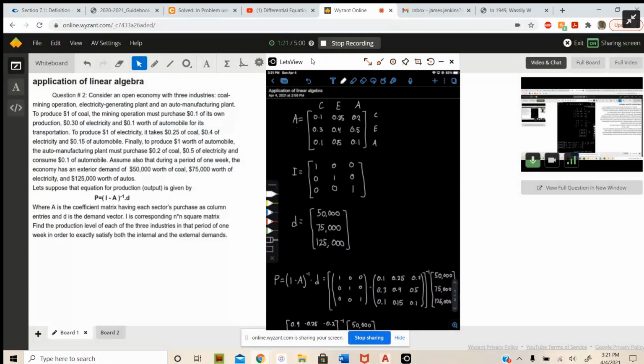I is the corresponding n times n square matrix. Find the production level of each of the 3 industries in that period of 1 week in order to exactly satisfy both the internal and external demands.